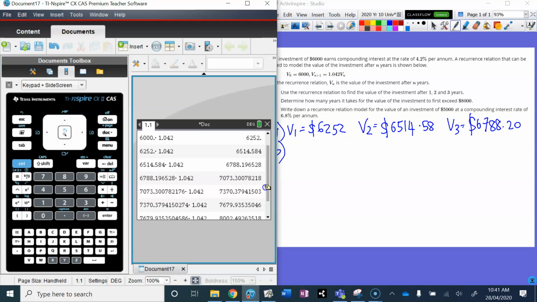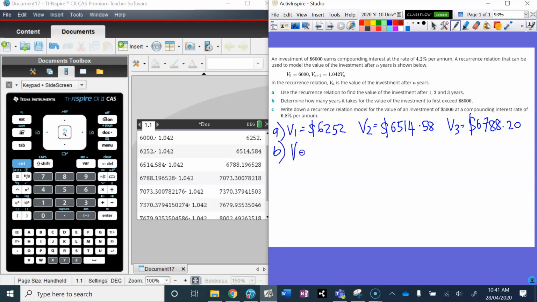So if we count down, we can see we've hit enter 1, 2, 3, 4, 5, 6, 7 times. So our V7 is $8,002.49. So after 7 years, that investment has first exceeded $8,000.